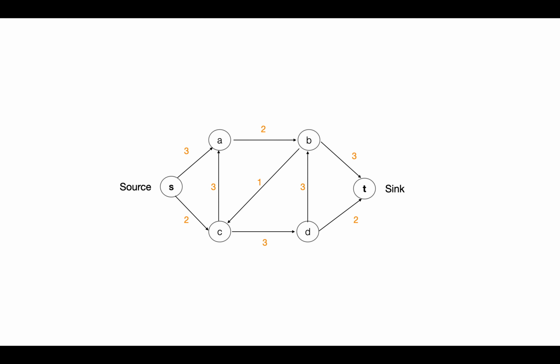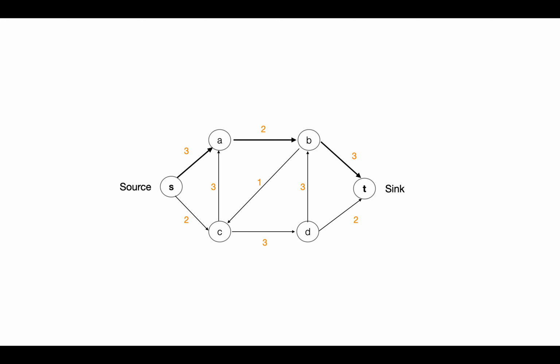See this graph? Here, to go from source to sink, or we can say from S to T, there are paths. One of them is S to A to B, and B to T, right? So if you're passing the fluid through this path, how much will we be able to transfer? We can pass 3 units of water or 3 units of any fluid from S to A, right?